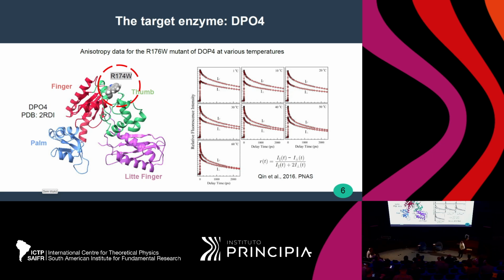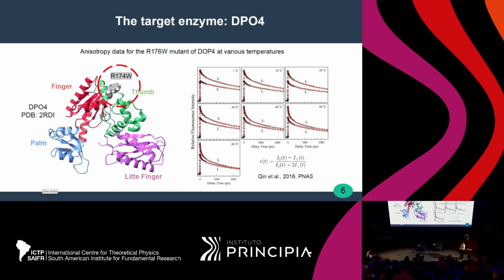The experiments were done with this DNA polymerase enzyme, and the researchers chose a residue that is very exposed to the solvent, so it's very sensitive to the temperature. And we have a lot of data to work on and try to reproduce.